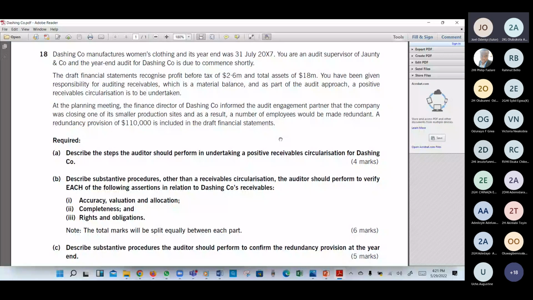At the planning meeting, the finance director of Dashing Co informed the audit engagement partner that the company was closing one of its smaller production sites, and as a result, a number of employees were made redundant. A redundancy provision of more than $10,000 is included in the draft financial statements. So for the first requirement, what are the steps the auditor should take in undertaking a positive receivable circularization?